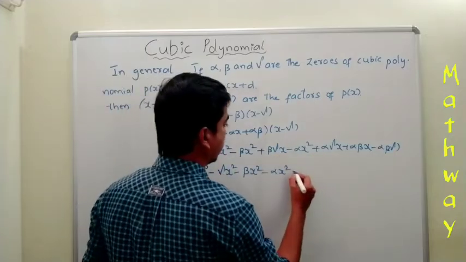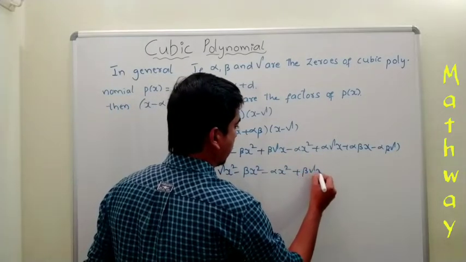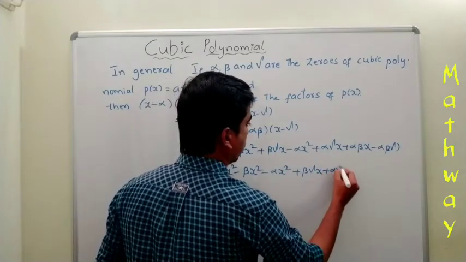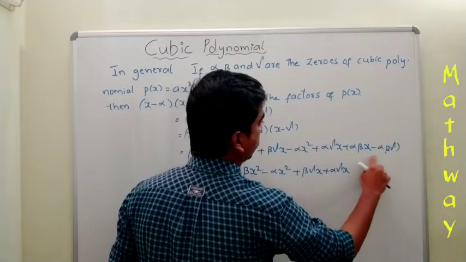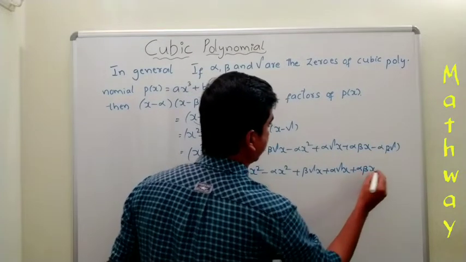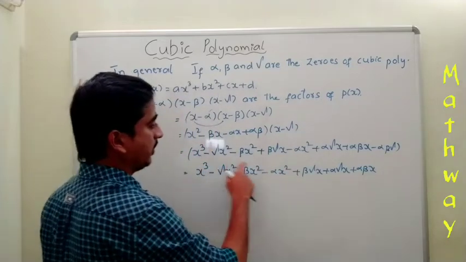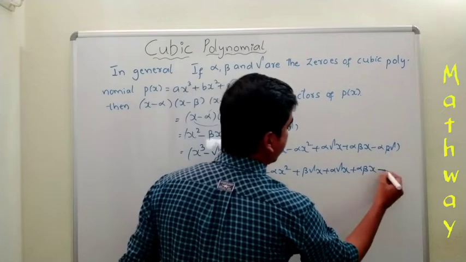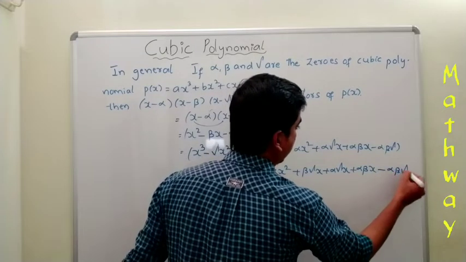Here it has beta gamma x plus alpha gamma x plus alpha beta x. Then finally write the constant term here. The final constant term is minus alpha beta gamma.